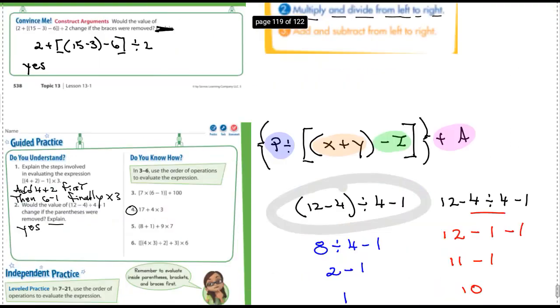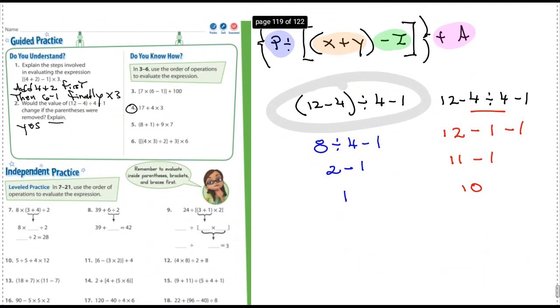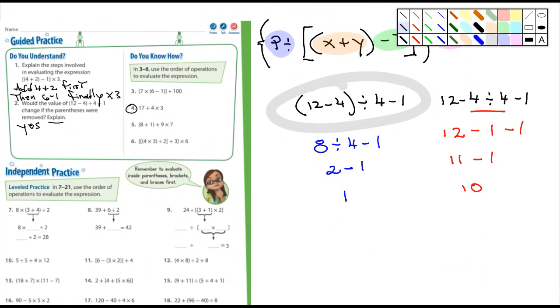Okay? So let's go back to number 4. It's going to be 4 times 3. What's 4 times 3? That's 12. So this becomes 17 plus 12. Well, what's 17 plus 12? It's going to be 29. So there's the answer for that.